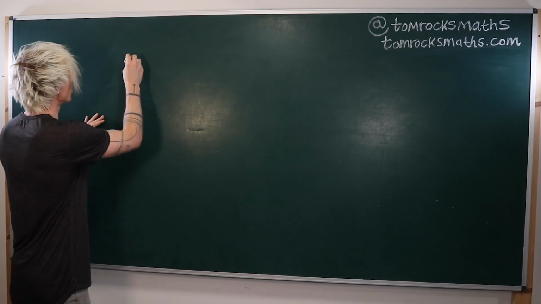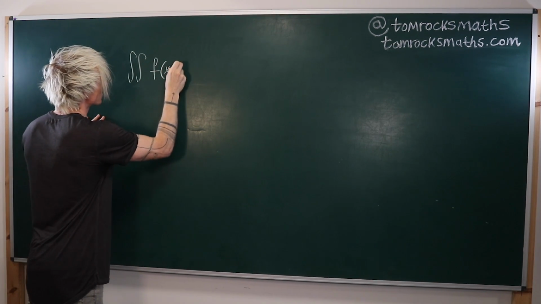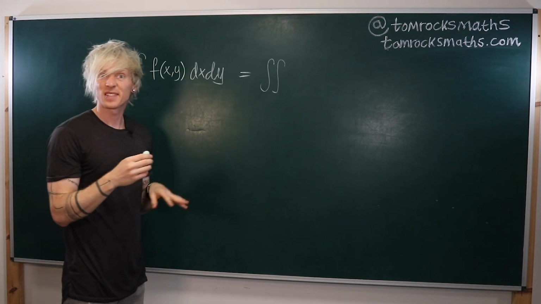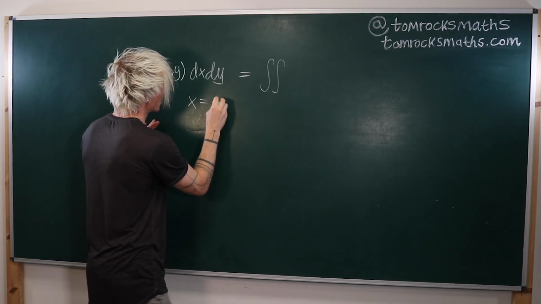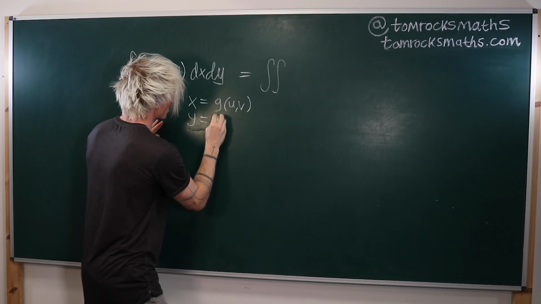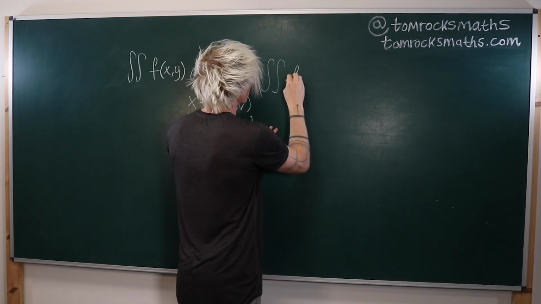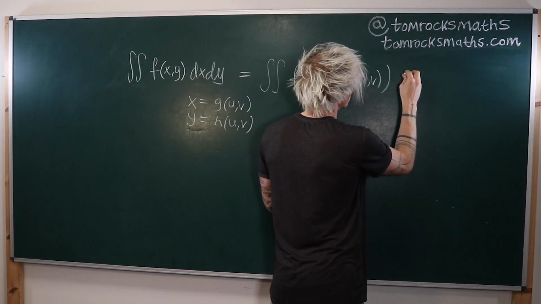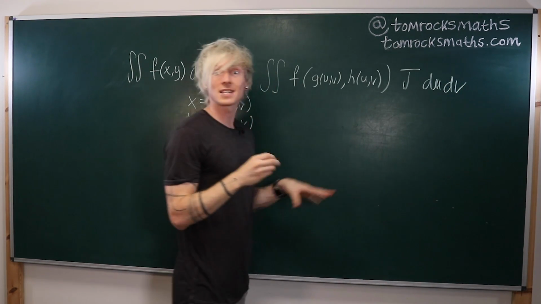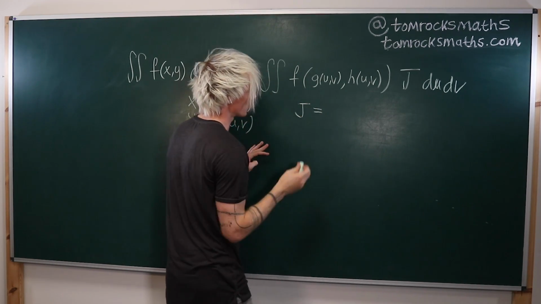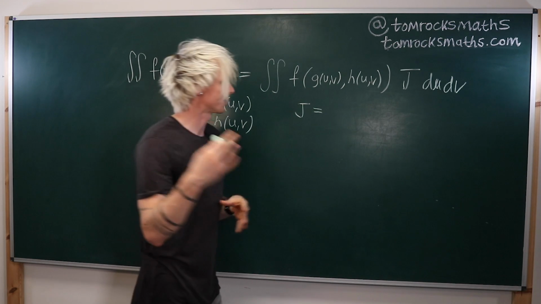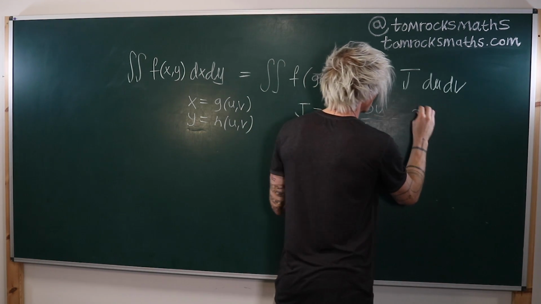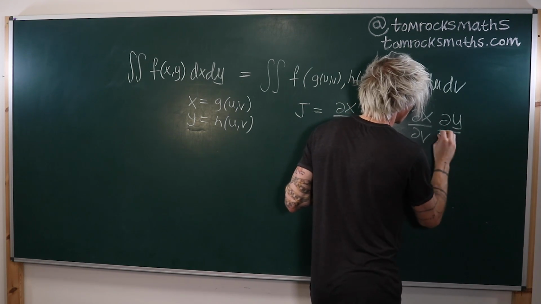So in summary, if we want to convert an integral of a function of x and y dx dy into an integral in a new coordinate system, let's call it u and v, where remember x is some function of u and v, and y can also be expressed as some function of u and v, then we get f of g(u,v), comma h(u,v), multiplied by our Jacobian J, du dv, where, as we've just calculated, the Jacobian J is equal to the determinant of a matrix, which we found to be equal to dx by du dy by dv minus dx by dv dy by du.